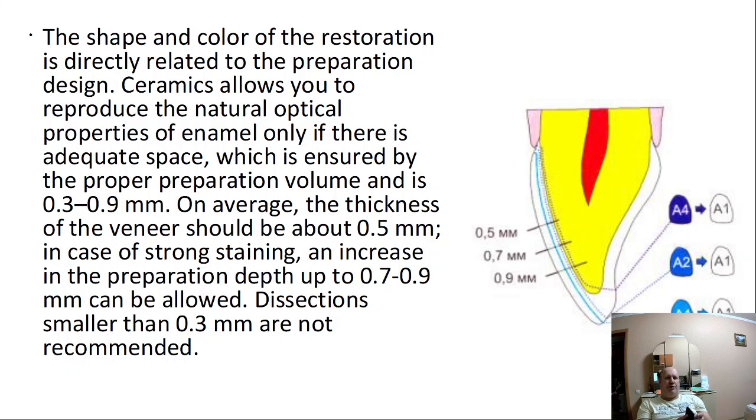Ceramics allows you to reproduce the natural optical properties of enamel only if there is an adequate space, which is ensured by the proper preparation volume and is 0.3–0.9 millimeters.